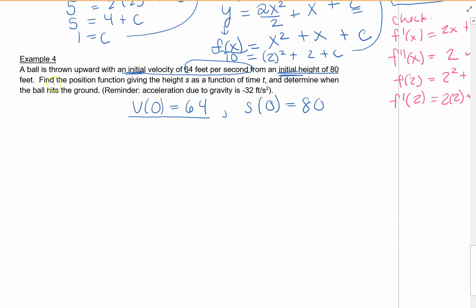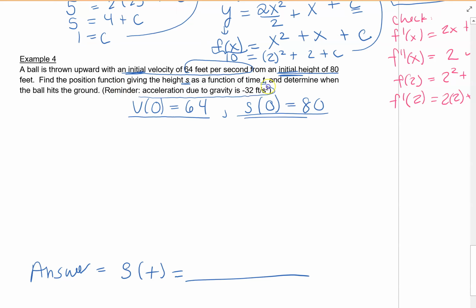I'm using s here because it says find the position function giving the height s as a function of time t. So what I'm really looking for here, my final answer would have to be s of t equals something. I'm looking for an equation for the position function. So this gives us a little reminder that acceleration due to gravity is constant, right?